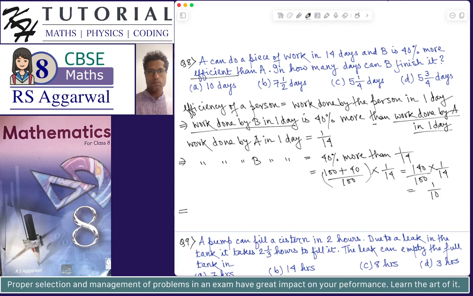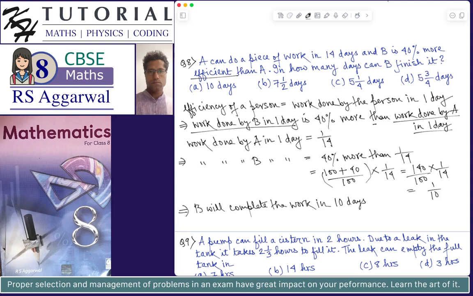So this implies B will complete the work in 10 days. From the second rule of time and work, we know that if work done in 1 day is 1 by n, then the whole work will be done in n days.